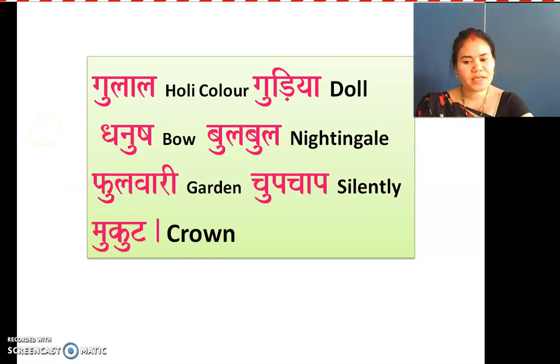There are eyes and an open mouth, eyes nearby. Do not touch that sleeping line on top. Okay. So chup chap means silently. Next one mukut. Ma u ki matra mu, ka u ki matra ku, ta. Mukut. Mukut means crown.